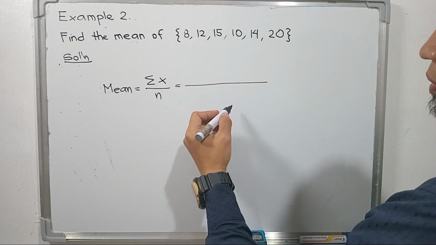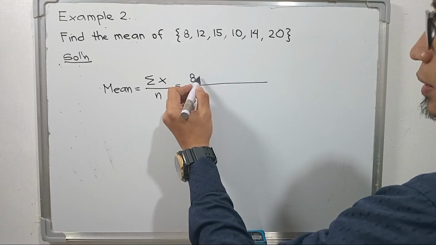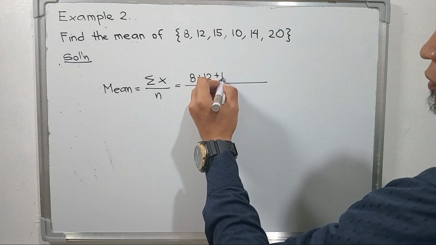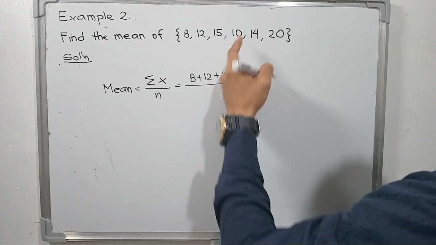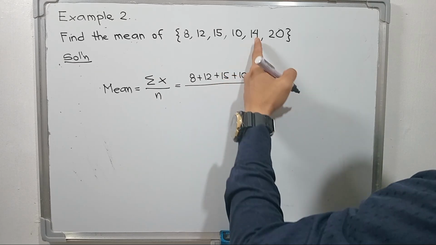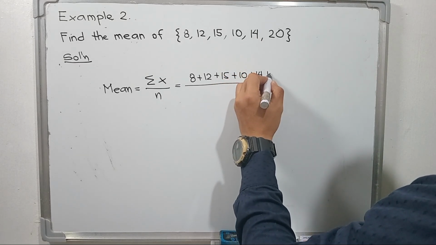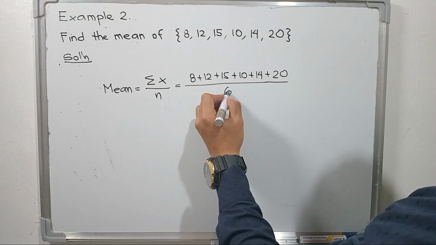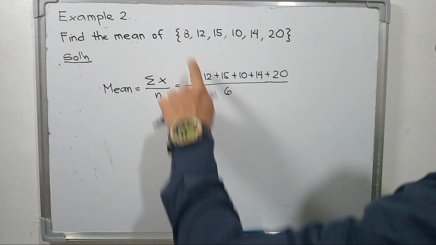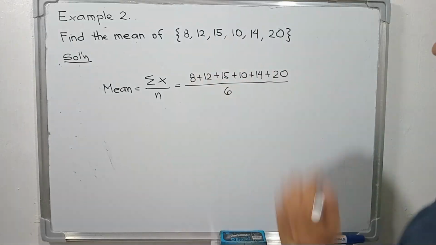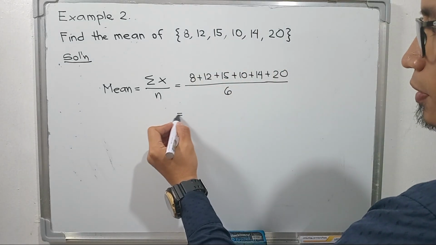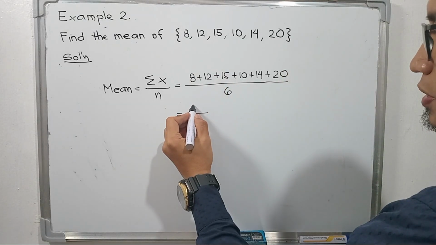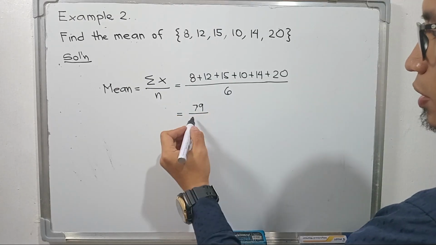So here in our numerator, we write 8 plus 12 plus 15 plus 10 plus 14 plus 20 all over 6. Why 6? Because we have 1, 2, 3, 4, 5, 6 values in our dataset. So in the numerator, we add all of these numbers and we get the answer 79 over 6.